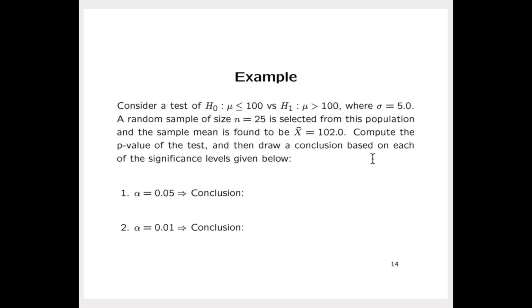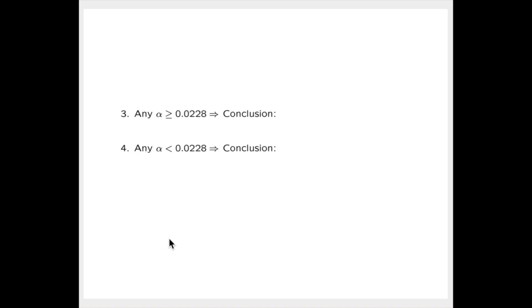And so we want to compute the p-value of the test and then draw a conclusion based on each of the significance levels given below. We're supposed to draw a conclusion if alpha is equal to 0.05, draw a conclusion if we're using a significance level of 0.01, draw a conclusion if we're using any significance level that's greater than or equal to 0.0228, and draw a conclusion for any value of alpha that is less than 0.0228.